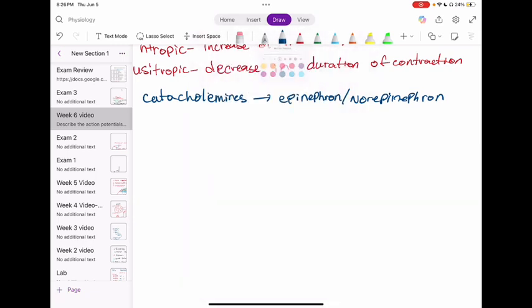So, I'll draw this in a very simplified manner. Epinephrine, norepinephrine.